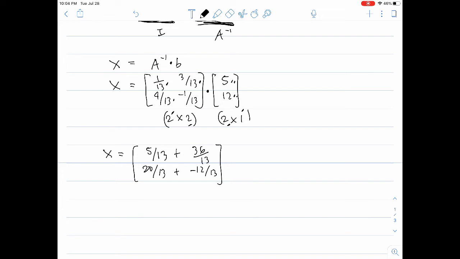So, ato ang i-apply ang addition operation is just kani ug kani plus. 5 over 13 plus 36 over 13 is just 41 over 13. Then 20 over 13 plus negative 12 over 13, this is just 8 over 13.